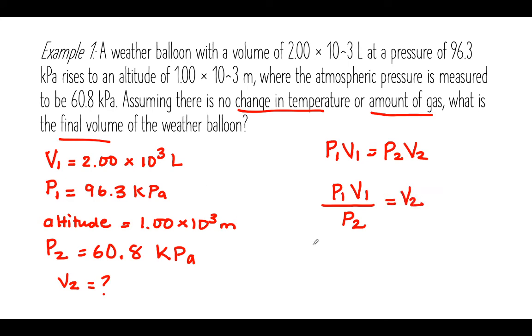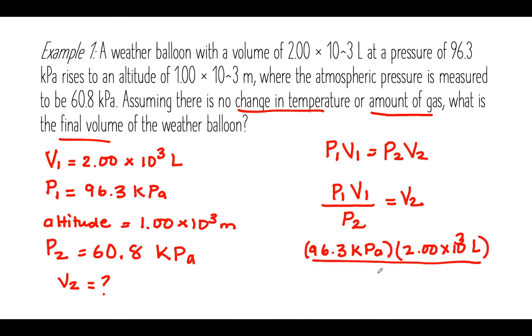I'm going to plug in all my numbers. So P1 is 96.3 kilopascal. V1 is 2.00 times 10 to the power of 3 liters, all divided by 60.8 kilopascal. And this is equal to V2.